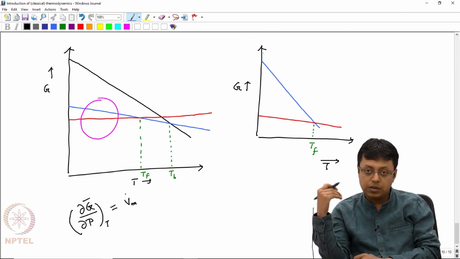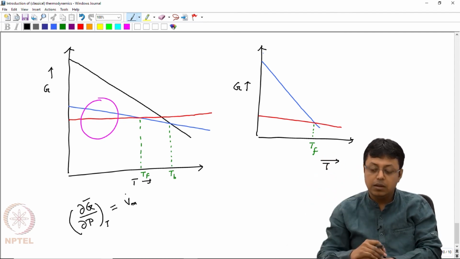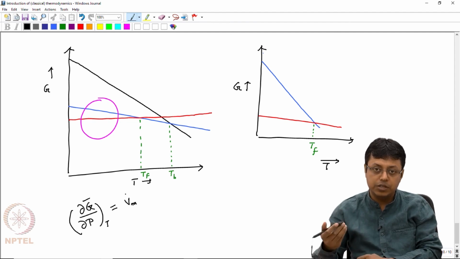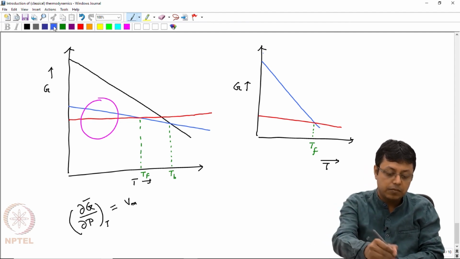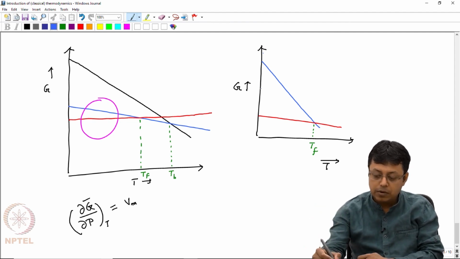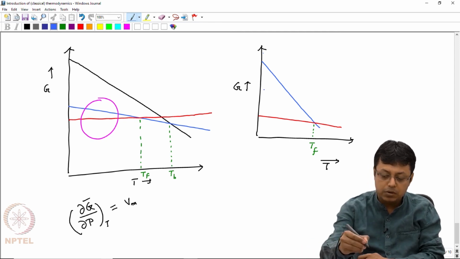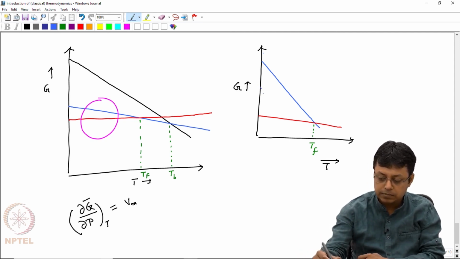If I apply pressure, of course the molar volume is going to decrease because I'm applying the pressure. Now the question is, if this is the low pressure curve, where will the high pressure curve lie? For the liquid, it will drop like this, but it will be a kind of parallel line with respect to the original line. Why is it a parallel line?